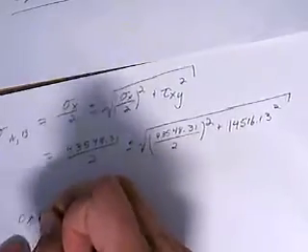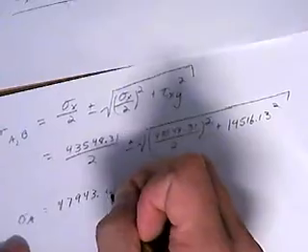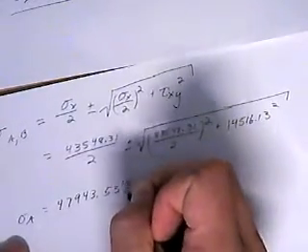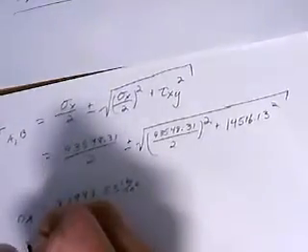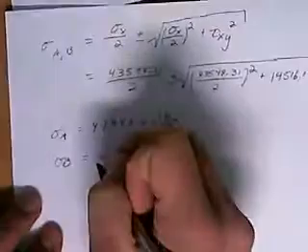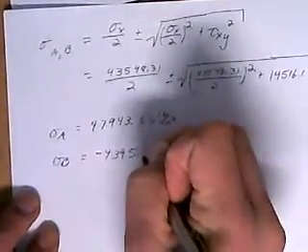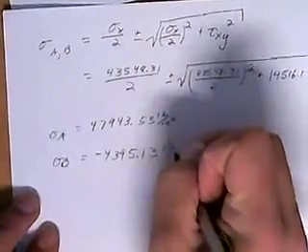And if you calculate that all out, you'll find out that sigma A is equal to 47943.53 pounds per inch squared, and sigma B is equal to negative 4395.13 pounds per inch squared.